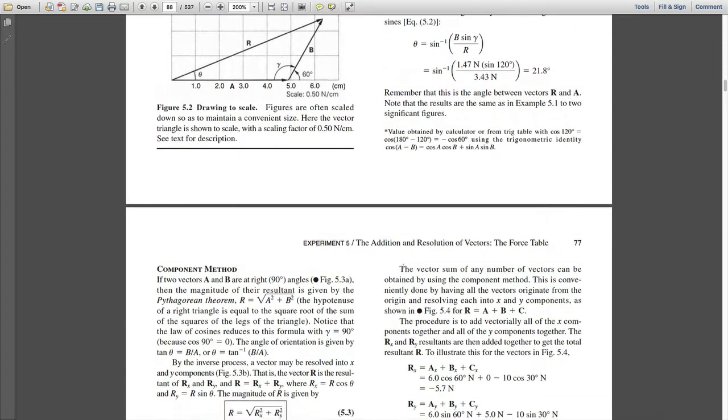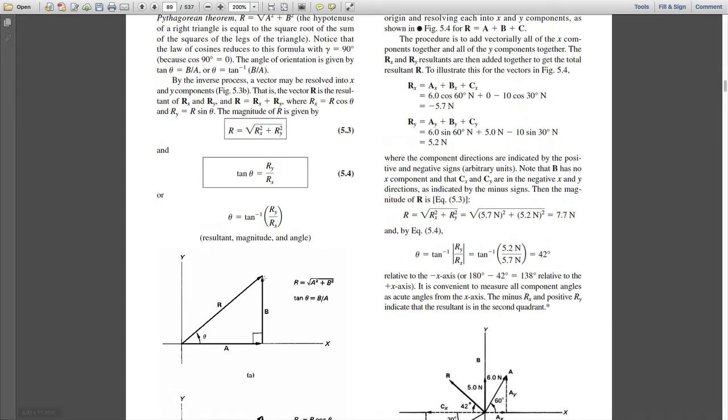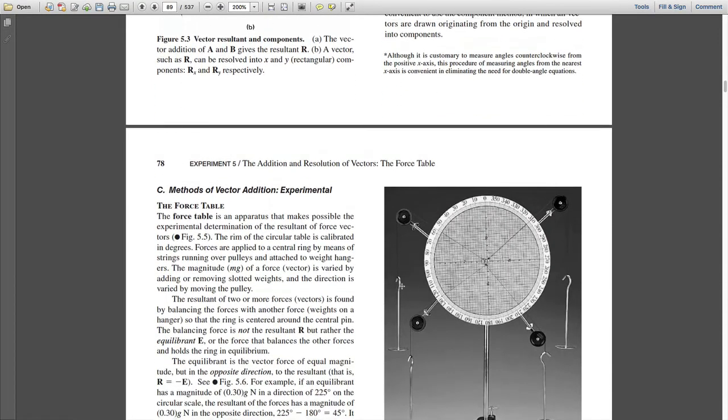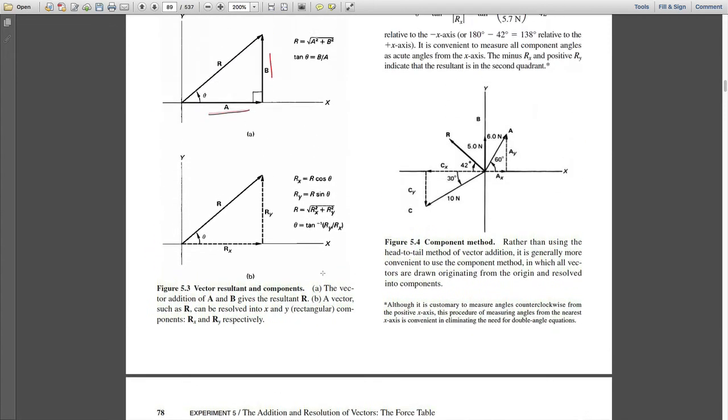Okay, so you can go through this example and everything, as you can see here, how the resultant is found using the Pythagorean theorem if you have 2 vectors that are perpendicular to each other, the way you see them here, vector A and vector B. But if the vectors are not perpendicular to each other, then most likely you're going to use the cosine method.